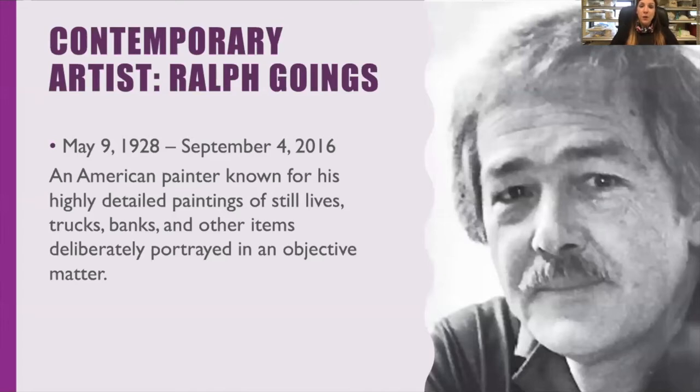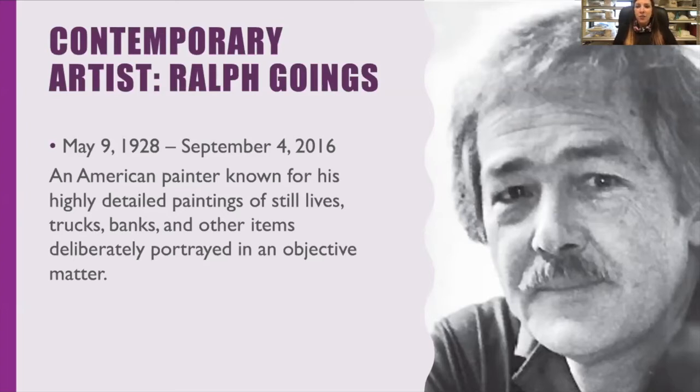And he's also an American painter, and he's known for highly detailed paintings of still lifes, also things like trucks, banks, and other kind of mundane objects. And they are portrayed in a very objective and non emotional manner. So, very different than the artist we just saw, in that all of his paintings kind of feel like, well, they feel good and they're kind of sappy and idyllic.